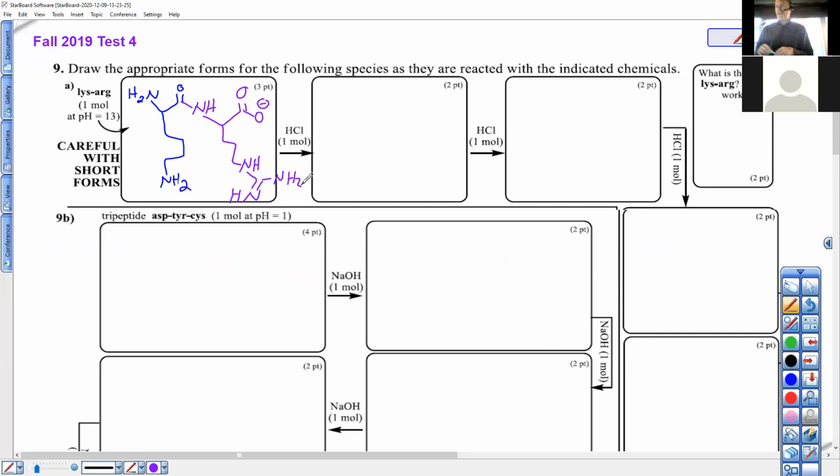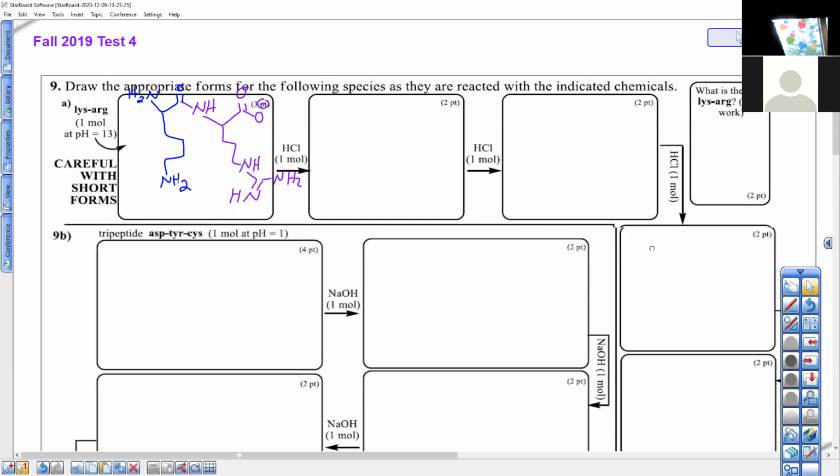So we got to figure out which one is the best base of all these bases. There are 4 places to put protons, 1, 2, 3, 4. And at the end, they're all going to be on there. We can put all the pKa's over here.